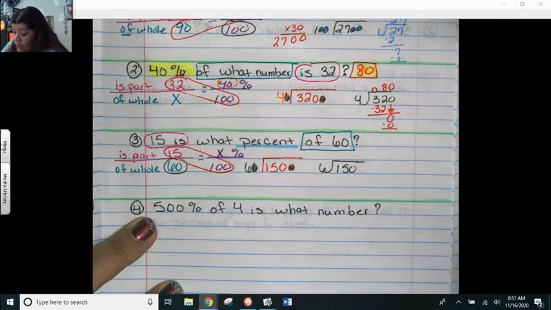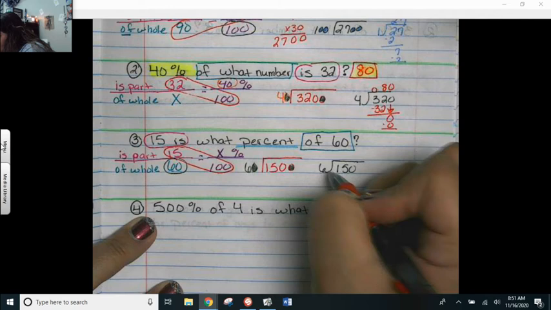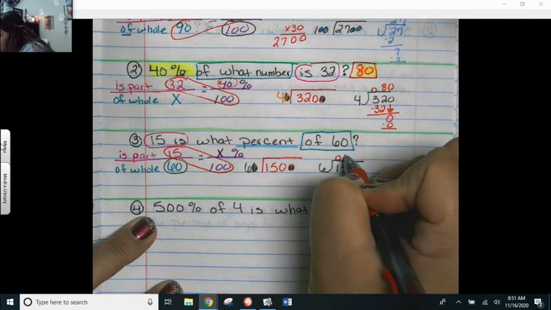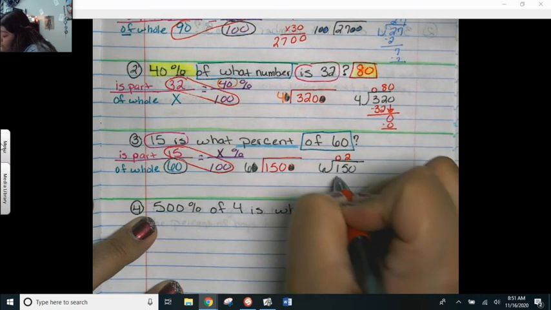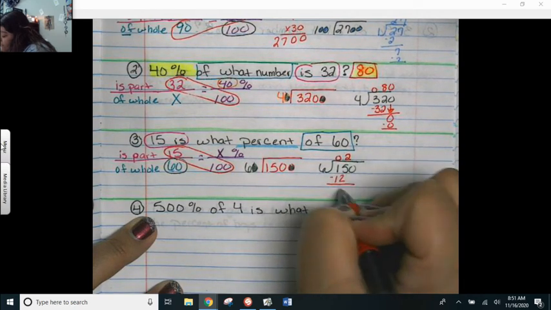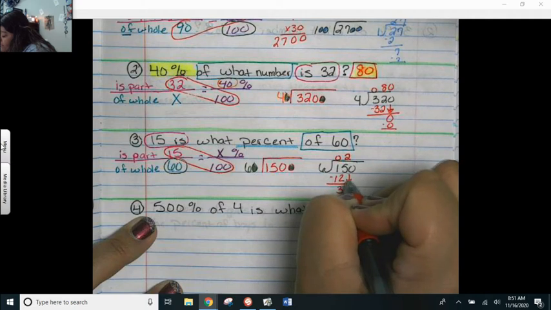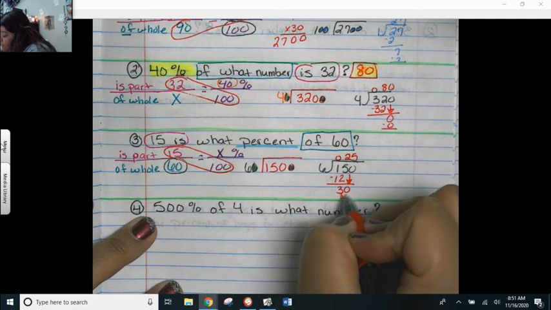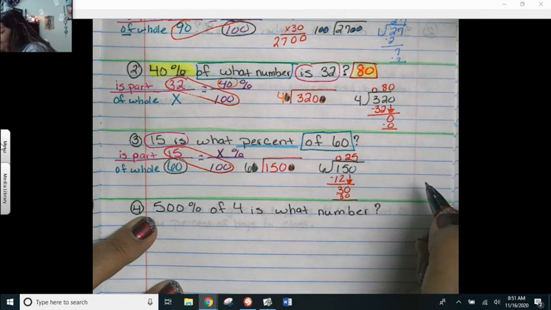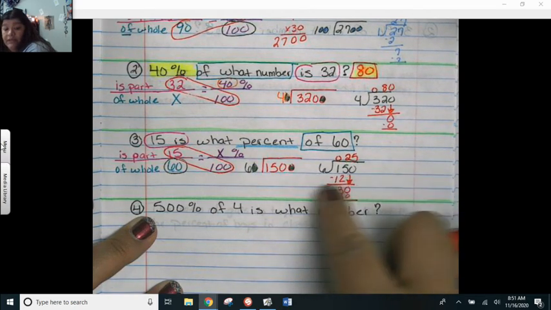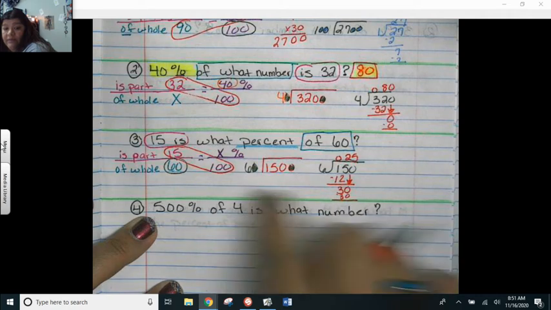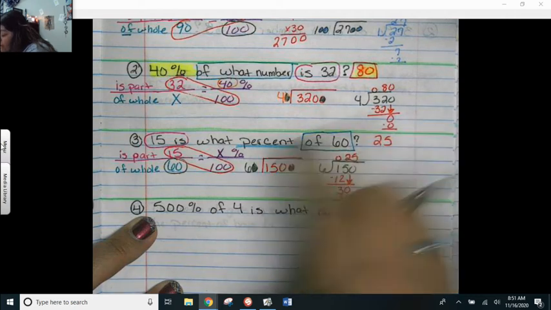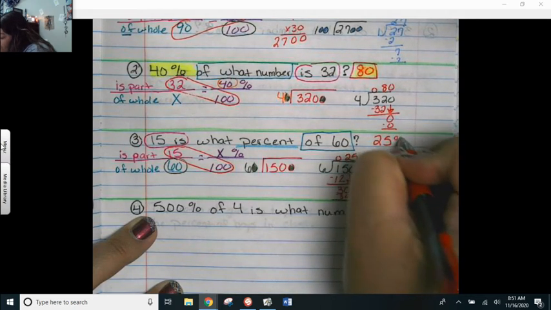Now let's go ahead and divide it out. 6 goes into 15 2 times, that's 12. Bring down that 0 because it is part of the whole number, and 6 into 30 goes 5 times. So 6 into 150 goes 25 times, so 15 is 25. Remember, our answer has to be a percent, so all I got to do is add the percent sign there.